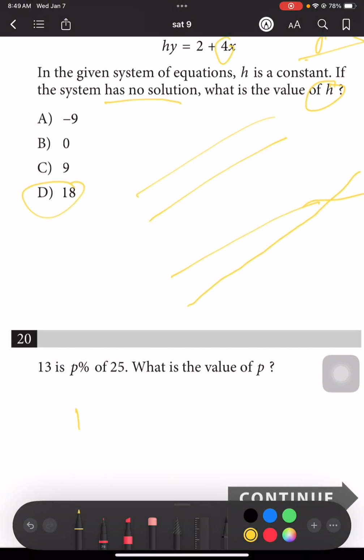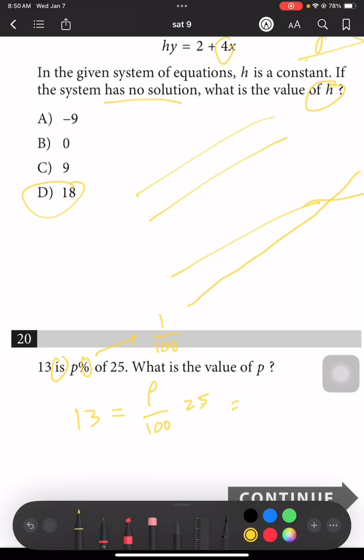Okay, 13 is, that's the equal sign, that's what 'is' means, is P percent. Now substitute percent, it's P over 100, because percent means 1 over 100. Just like a dozen is equal to 12, a pair is equal to 2, percent is equal to 1 over 100. It's a fraction. Okay, out of 25. What's the value of P?